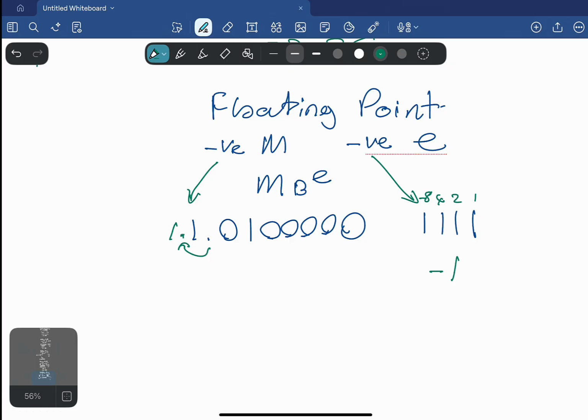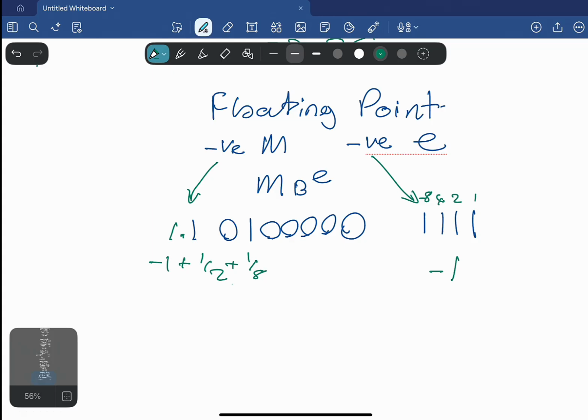So here we are back at this point where we've got effectively our fixed point number that we are going to convert to denary. So what have we got in the weighted columns? We've got our minus 1 here, and we've got a half, and we have got an eighth.